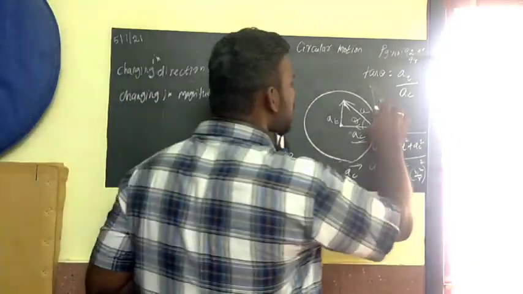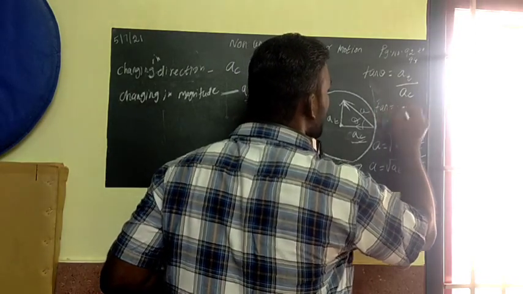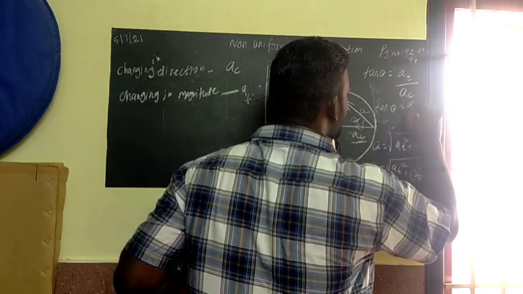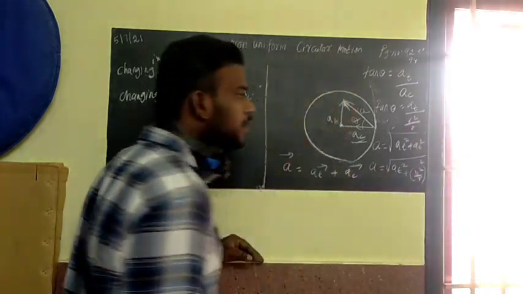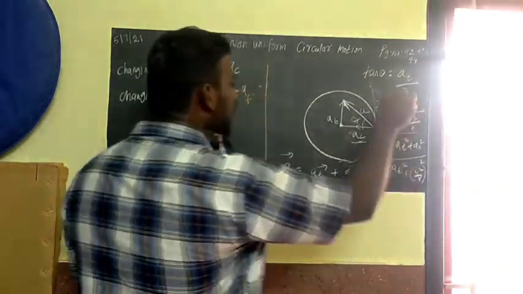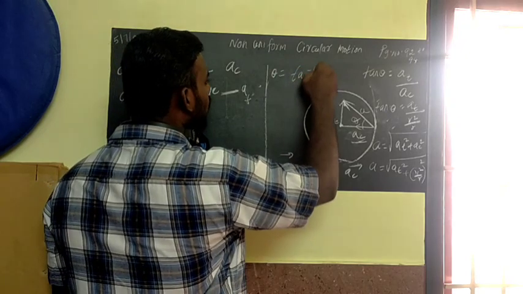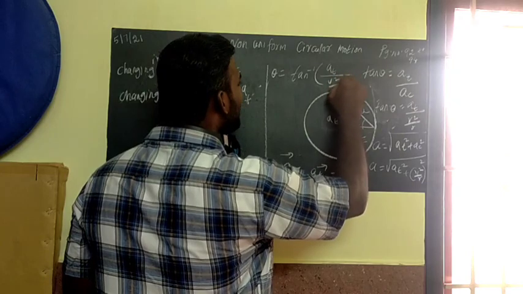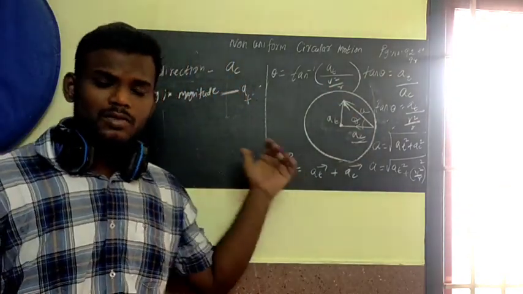So I can write theta as tan inverse, and substituting the centripetal acceleration formula, that is AT divided by V square divided by R. Or we can write theta equal to tan inverse of tangential acceleration divided by centripetal acceleration. Is that clear?